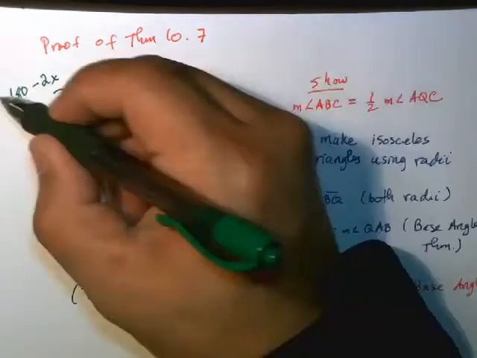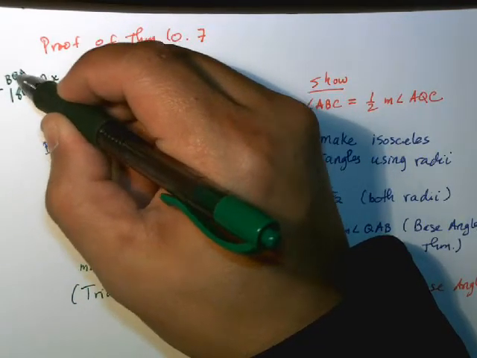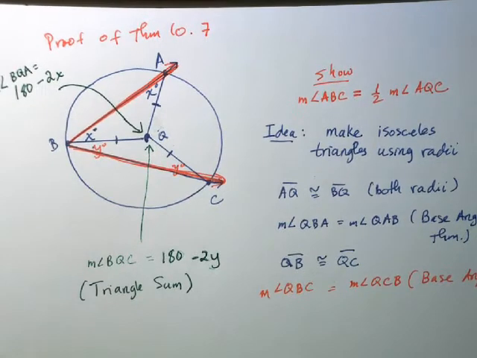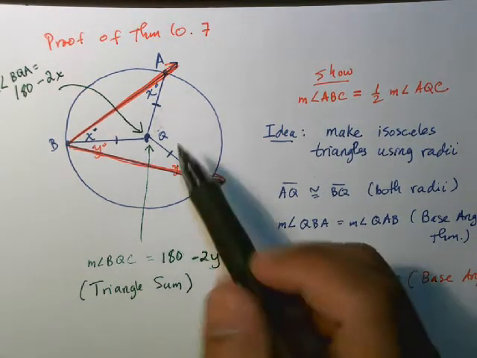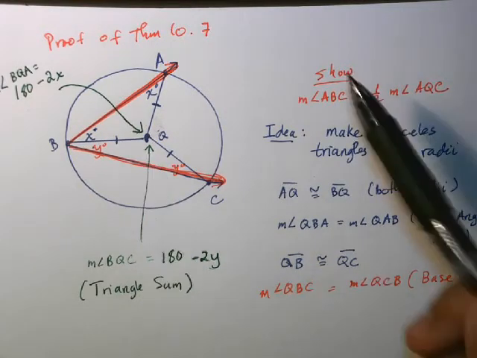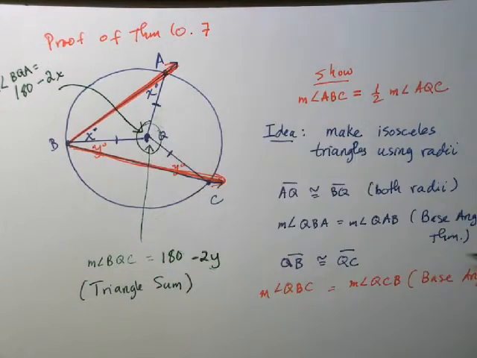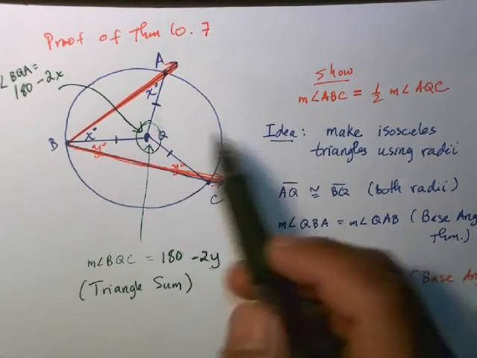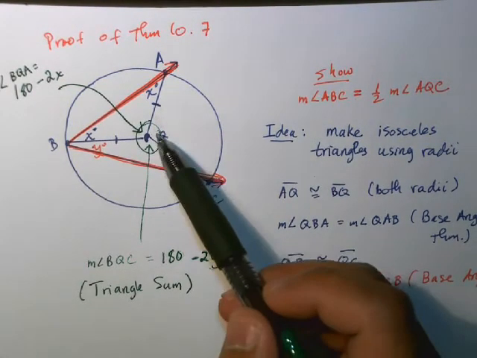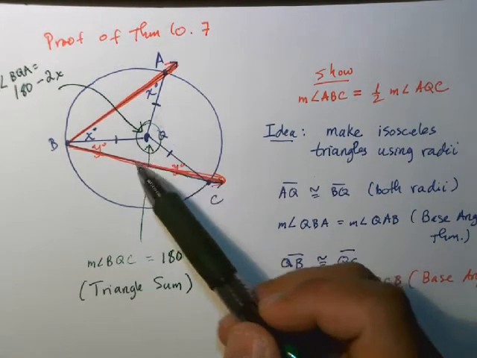Okay, so that's the measure of angle BQA is equal to 180 minus 2x. So now if we look at these three angles, BQA, BQC, and CQA, so these three right here, together, they must equal 360 degrees, because these three angles right here form the full circle.